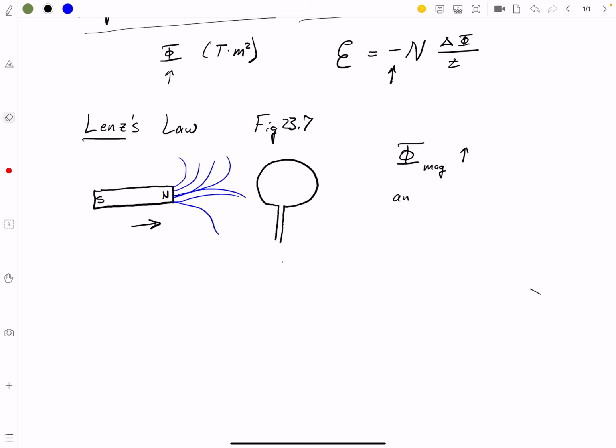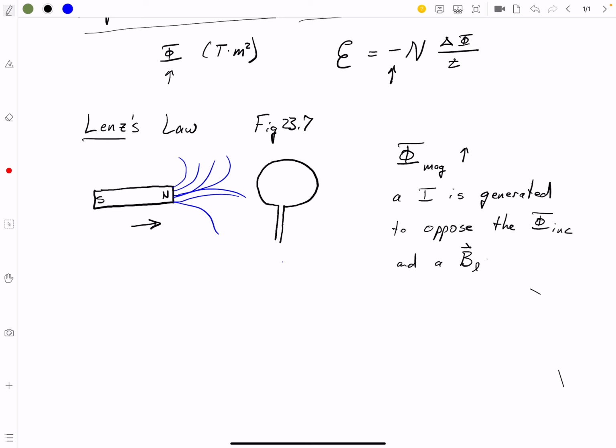I wanted to say a current, or an I. So a current I is generated to oppose the increase in phi, and a magnetic field opposing.